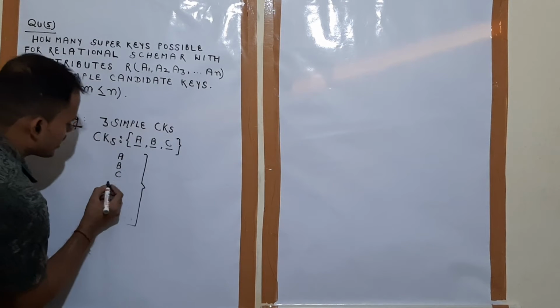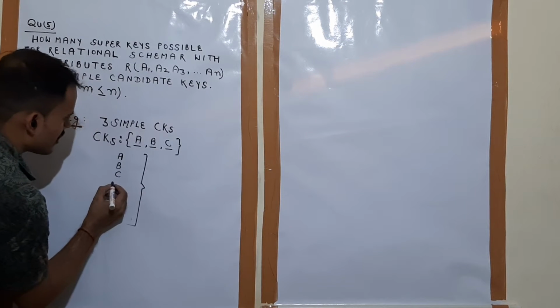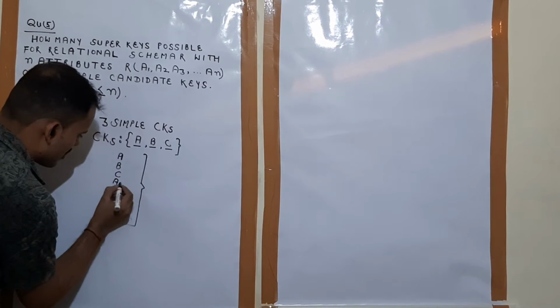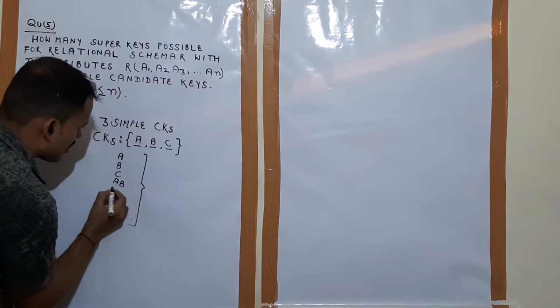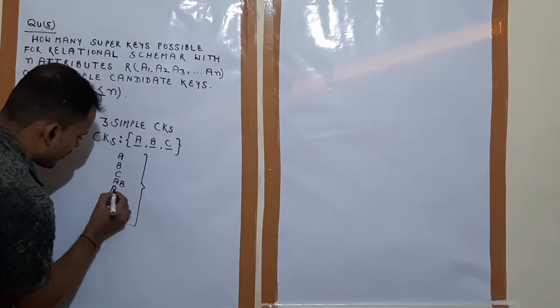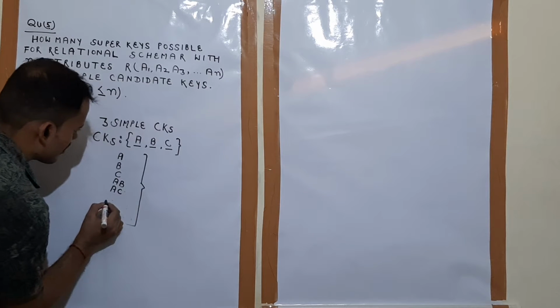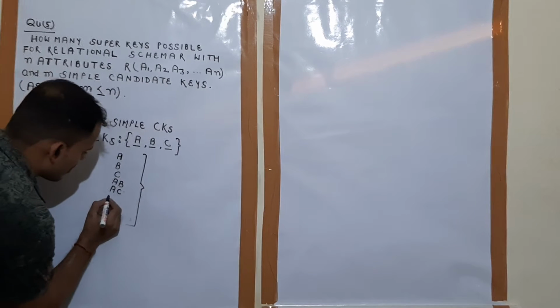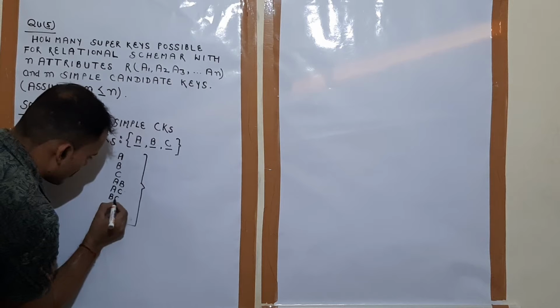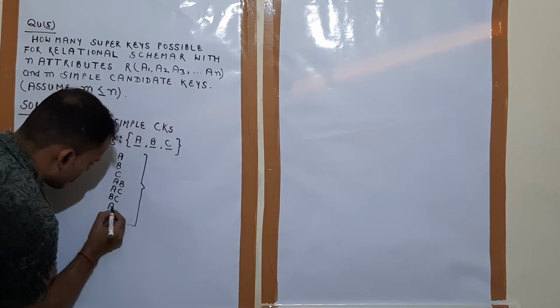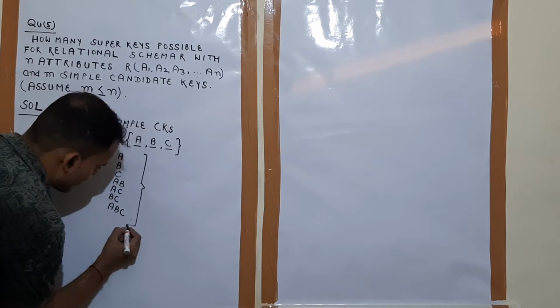Sorry, AB is also a super key. AC, BC, and ABC.